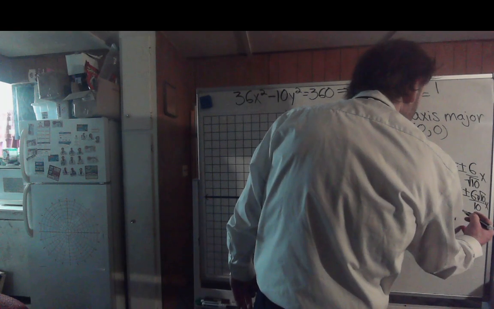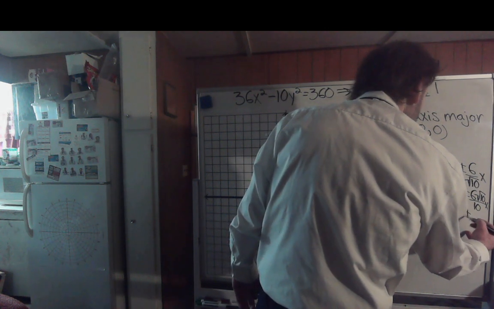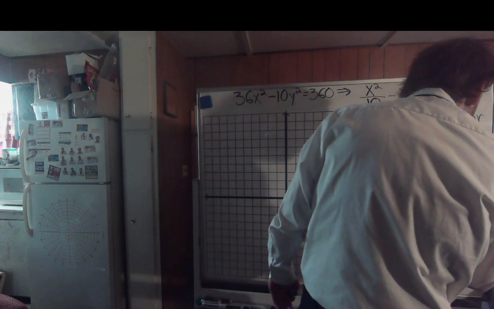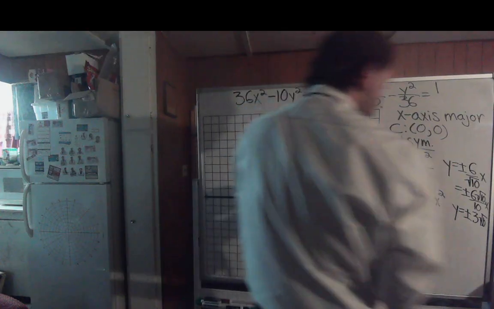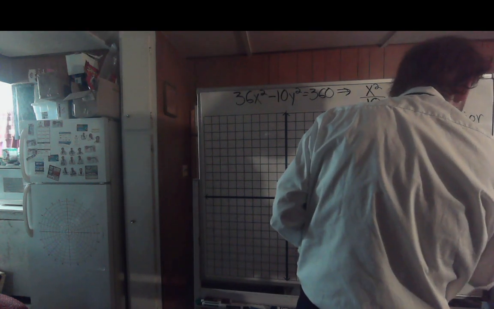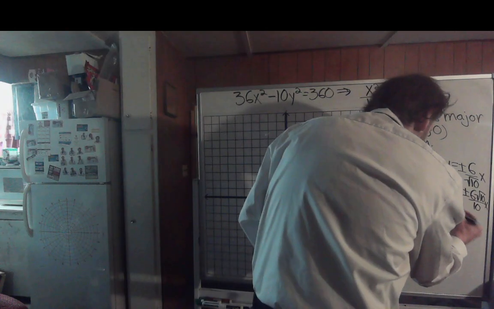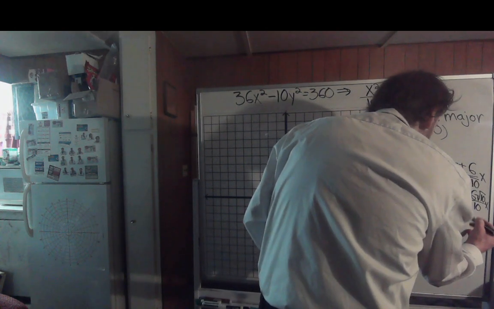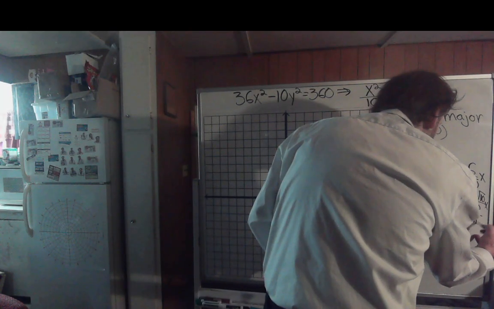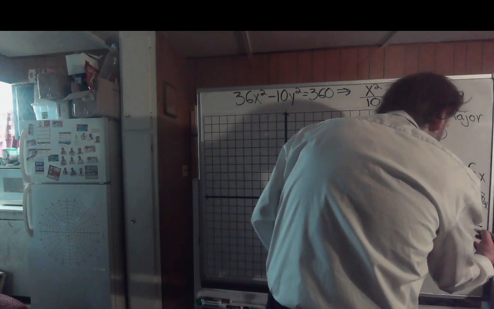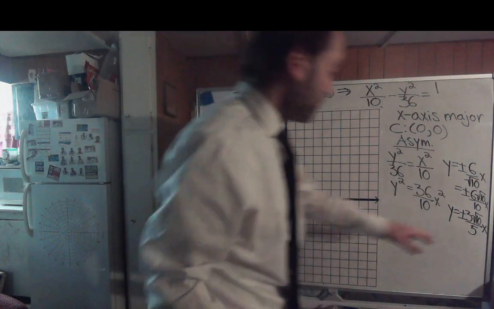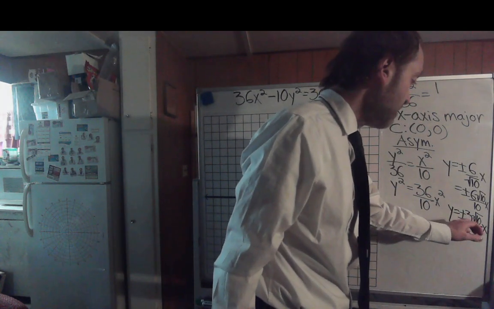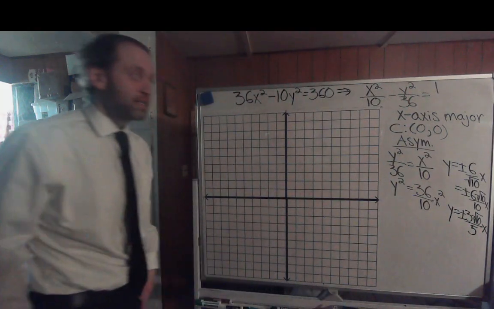So this is going to reduce to y equals plus and minus 3 times the square root of 10 over 5 times x.